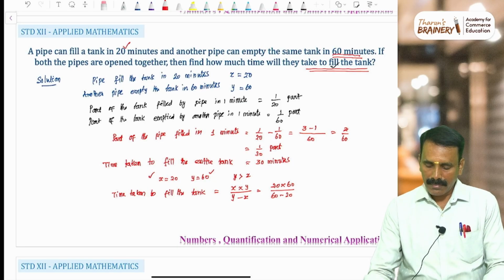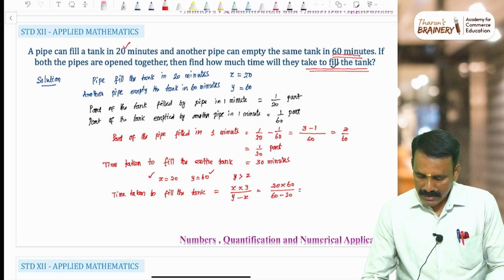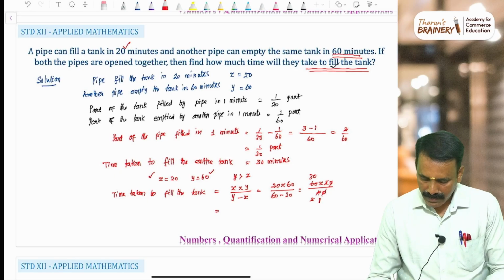Using this formula, this is 60 into 20 divided by 40. So we cancel 0 here. 2 2s are 4, 1 2s are 2. We cancel 2 again. So it is 30. So the final answer is 30 minutes.